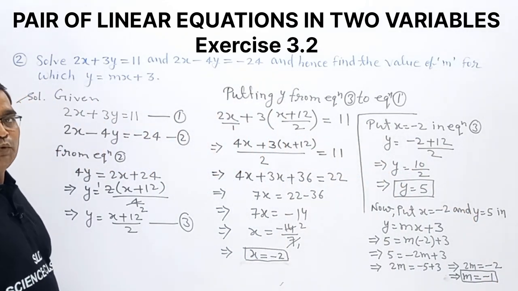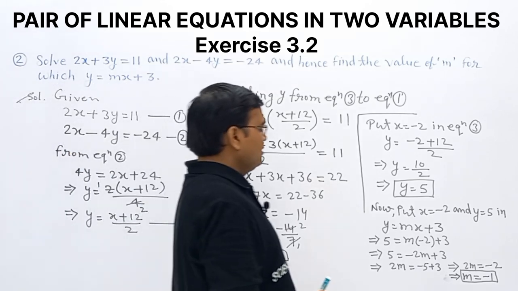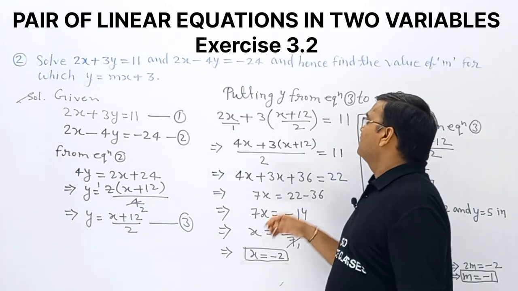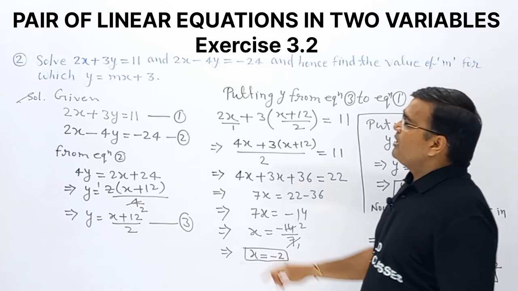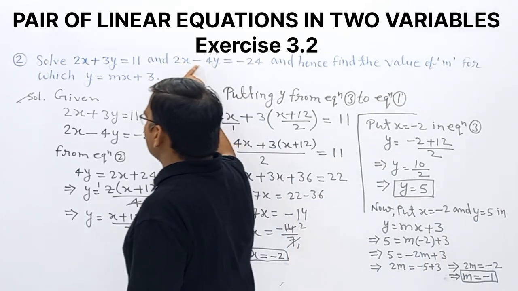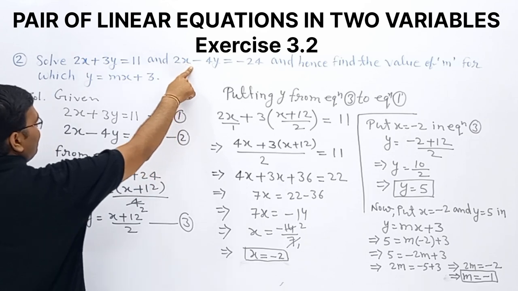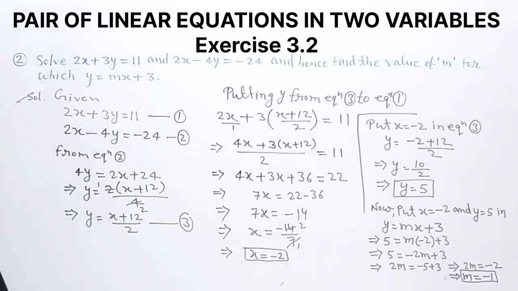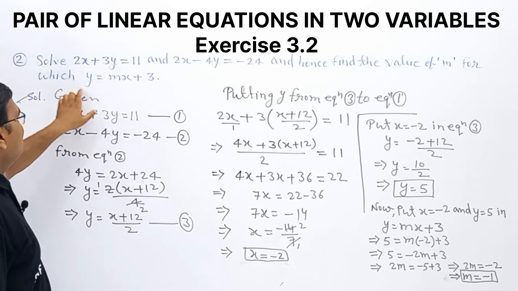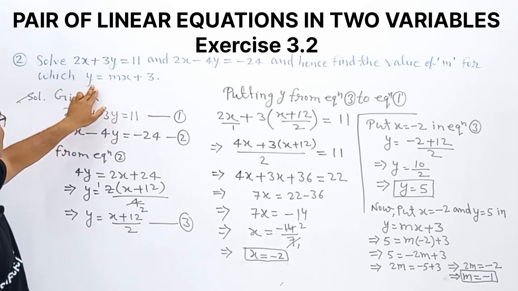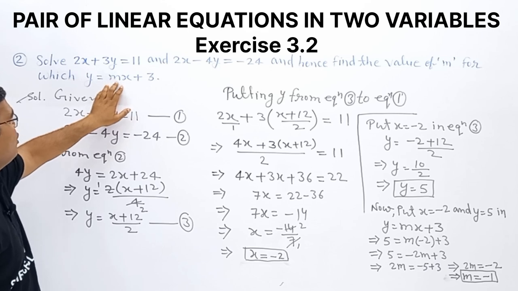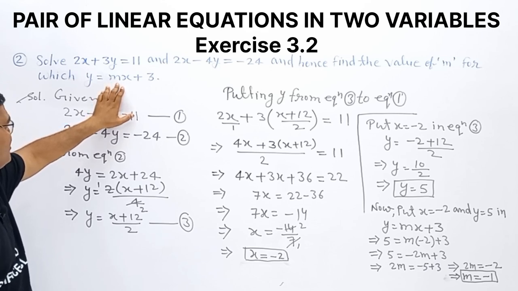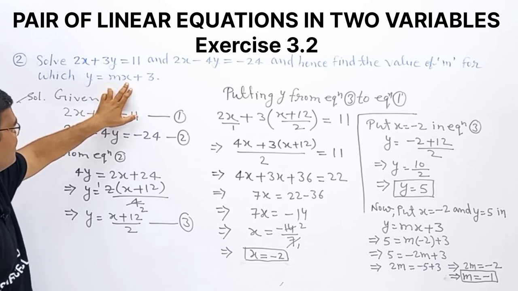Observe what we are doing in this question. The value of m we obtain is minus 1. We are having two linear equations in two variables. We want to find the value of m in another equation, y equal to mx plus 3. The coefficient of m is x.